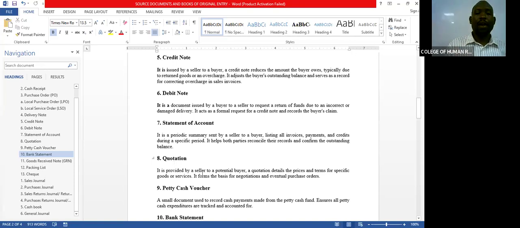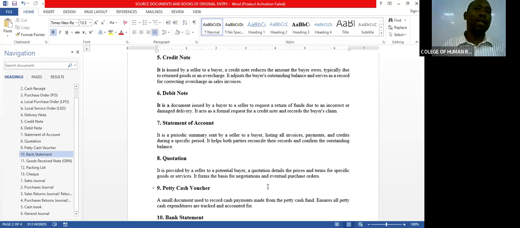A quotation, therefore, will give the details about the prices of those commodities I'm inquiring about, the terms of sale for those goods, and it also forms a basis for negotiation for potential purchase. So it is a response to the inquiry the buyer had issued to a particular supplier.